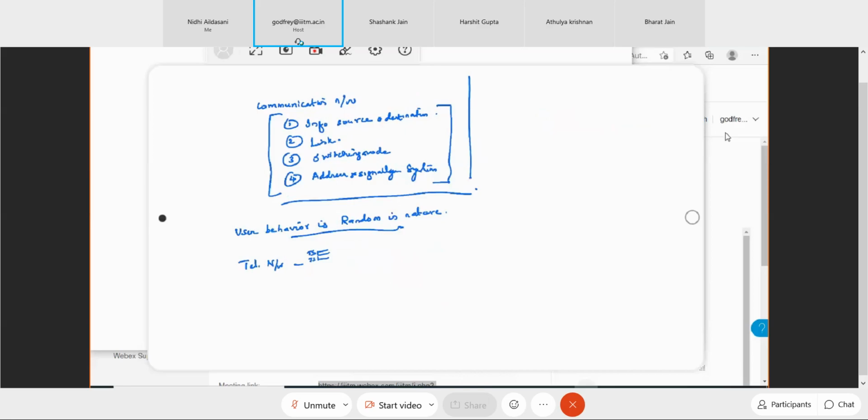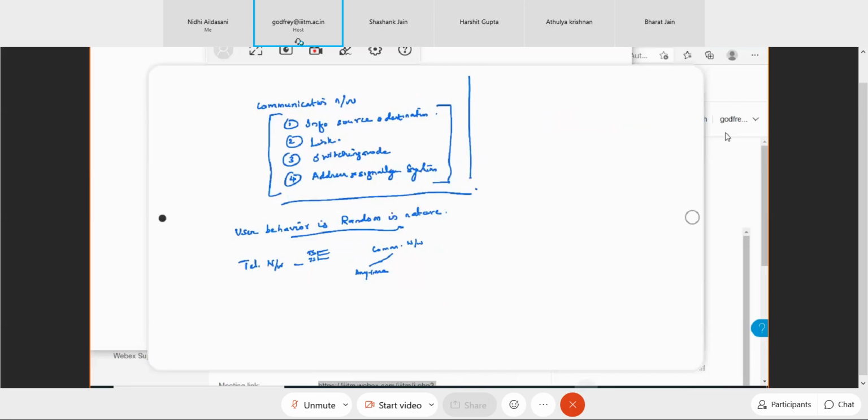But here we have a communication network, and users can use this communication network at any time, right? So you do not know beforehand which user is going to use the communication network at any point in time.